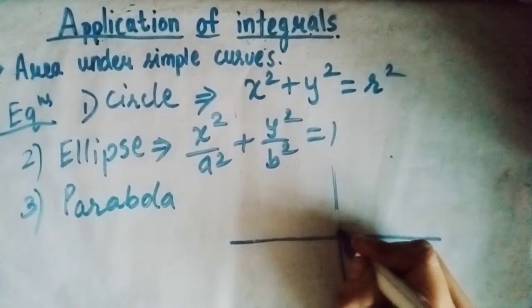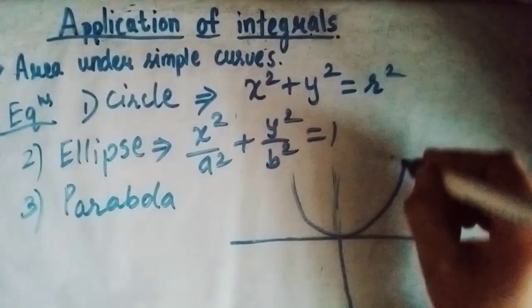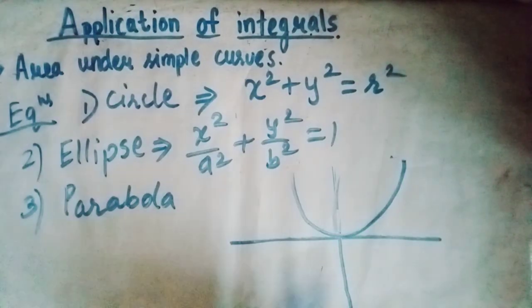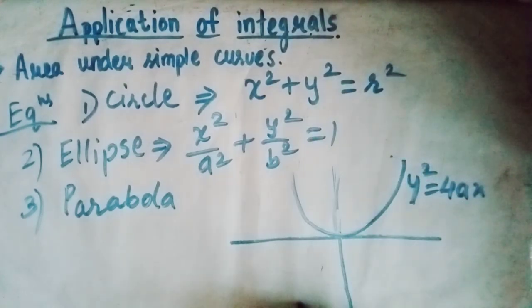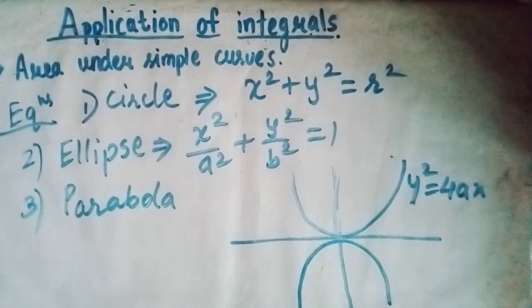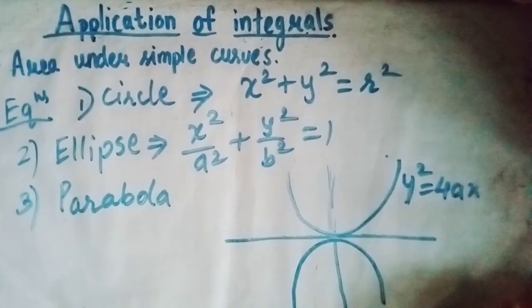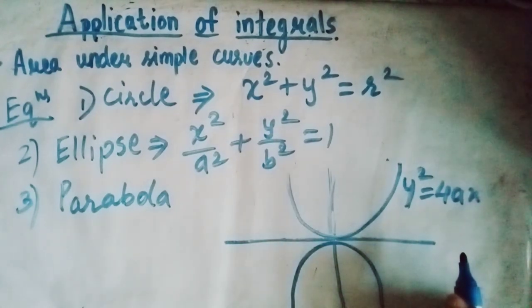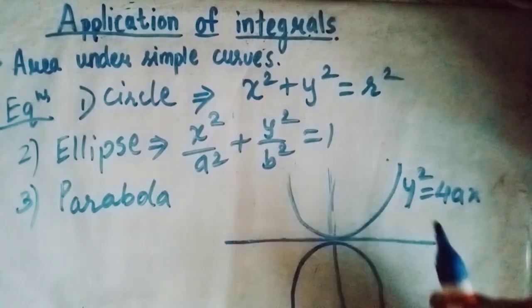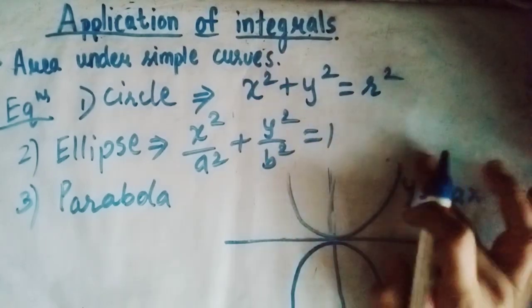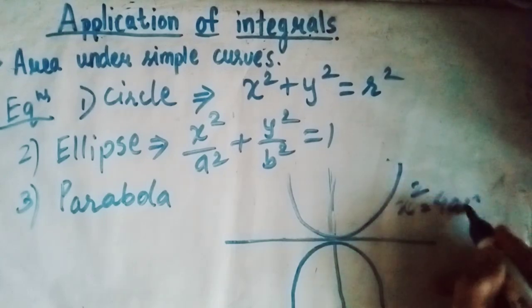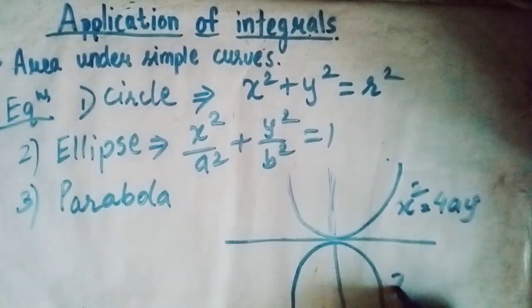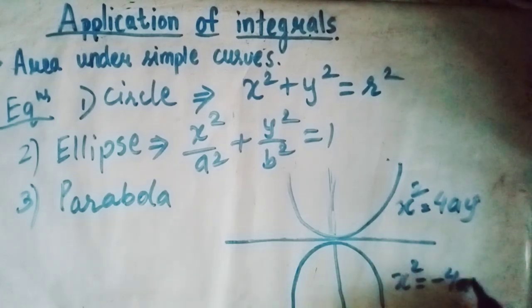So we have an upward parabola like this, and the equation is given by x square equal to 4ay, because it is upwards, right? If it is downwards, then it becomes negative, x square equal to minus 4ay.